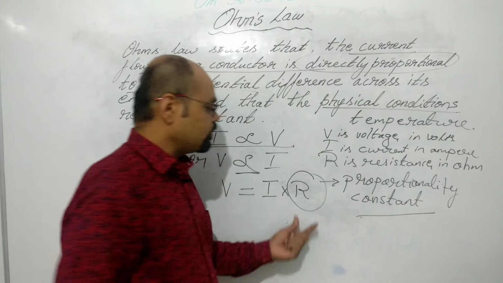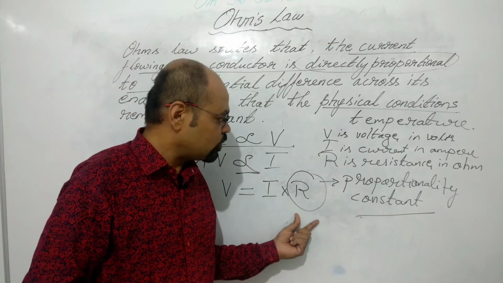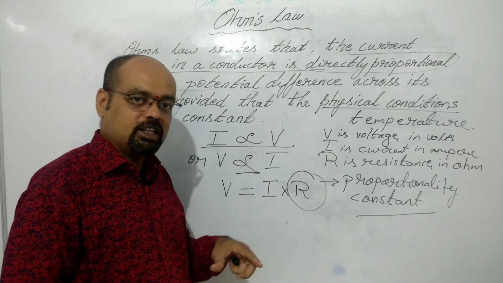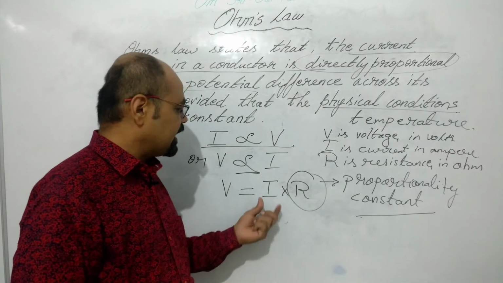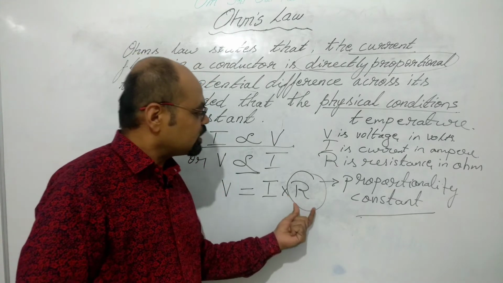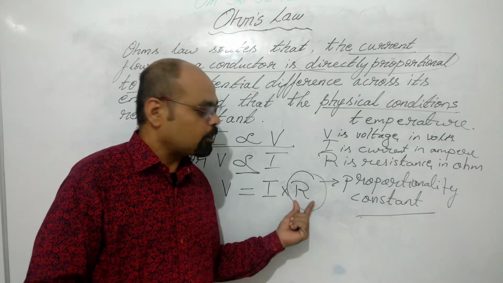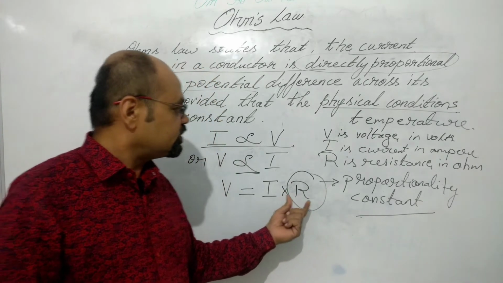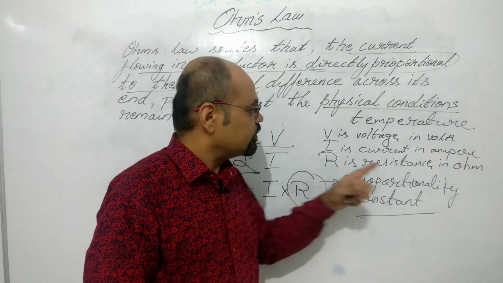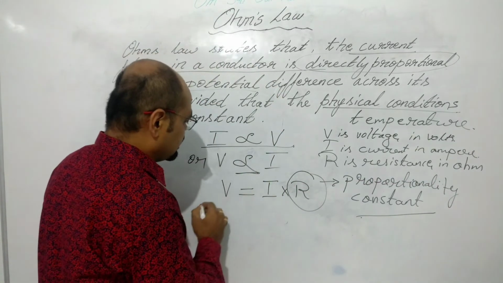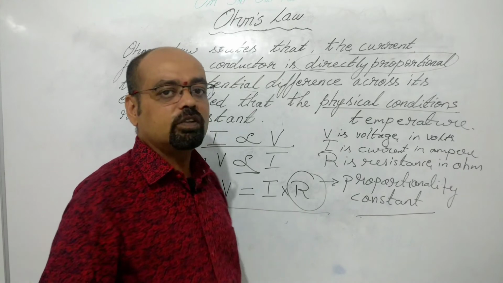So the SI unit of resistance is ohm. Already we have studied the SI unit of voltage or potential difference is volts, and the SI unit of current is ampere. So the new term we have got is the proportionality constant, the resistance. This resistance SI unit is ohm, right? So this is about Ohm's law.